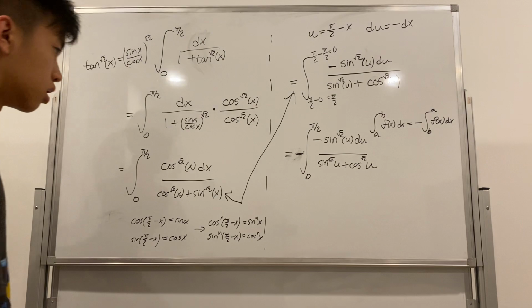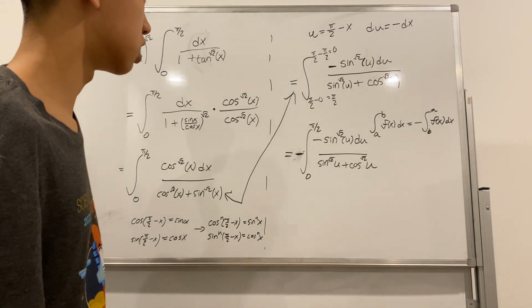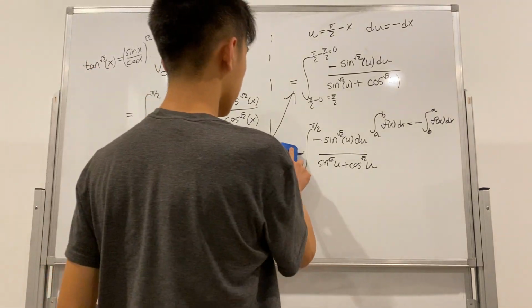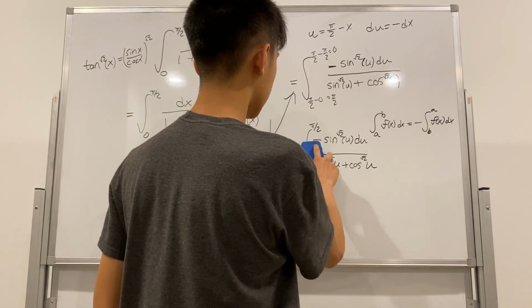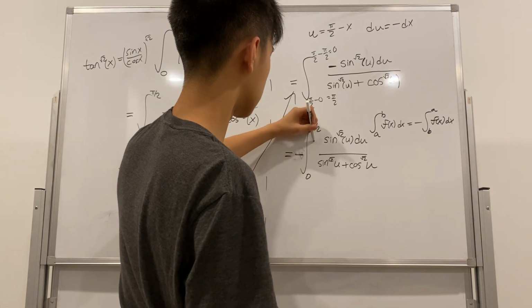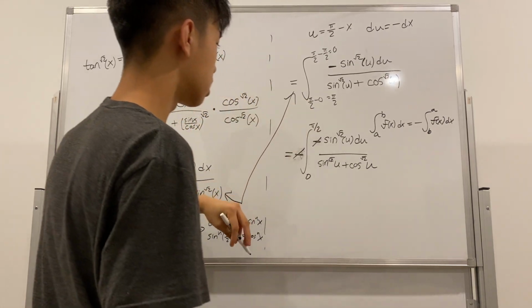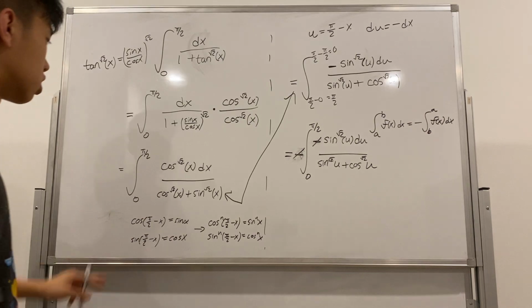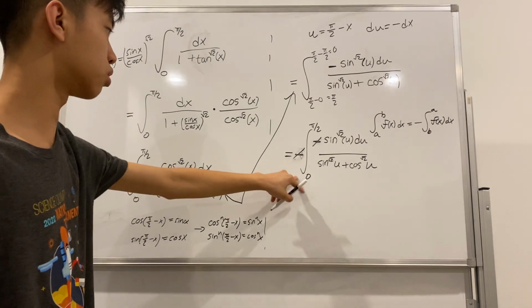Okay, so now where do we continue? Well, we can cancel out the signs, so the negatives cancel out this way. So this integral here is equal to this integral.